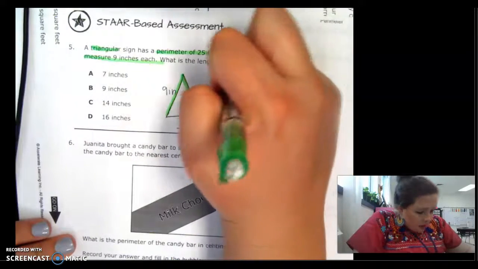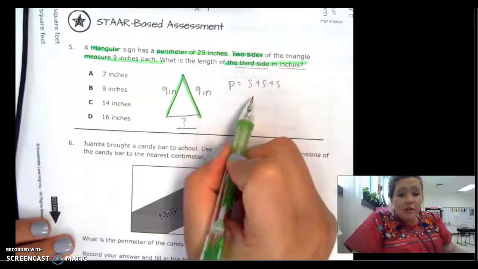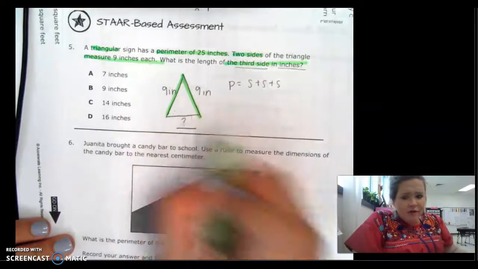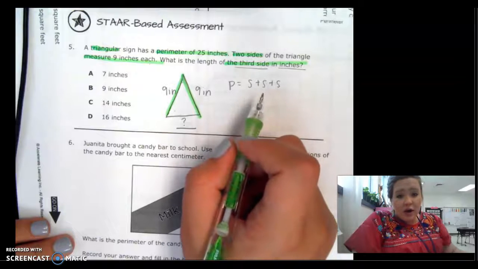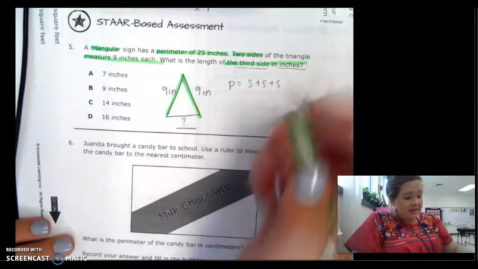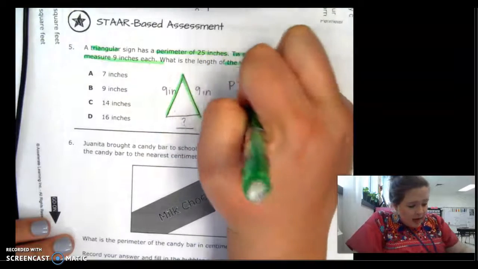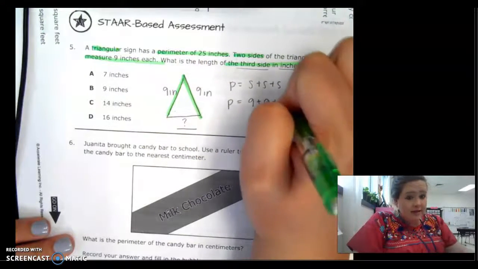So my perimeter equals side plus side plus side. And it's only 3 sides because I only have 3 sides in a triangle. In my last one, it was a square or a trapezoid, and those have 4 sides. So my perimeter equals 9 plus 9 plus side. I don't know this. This is what I'm looking for.